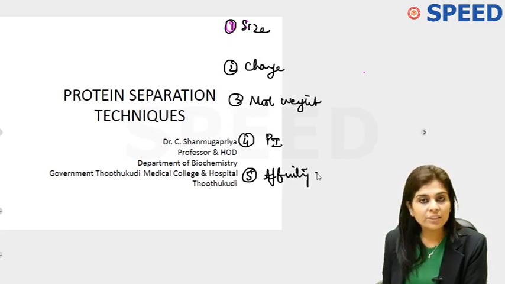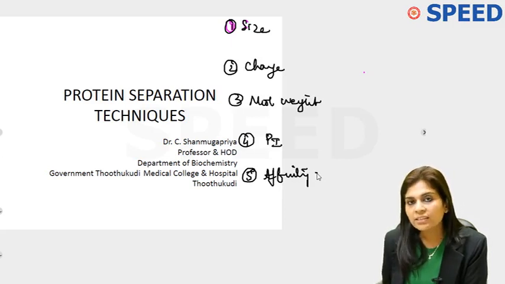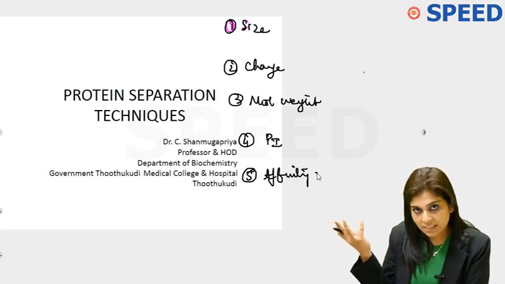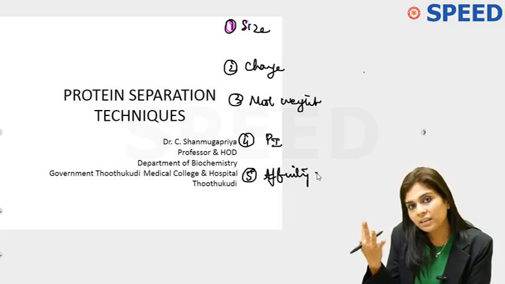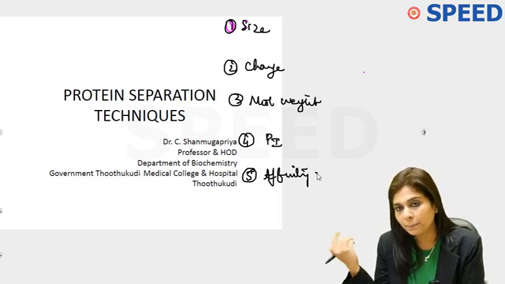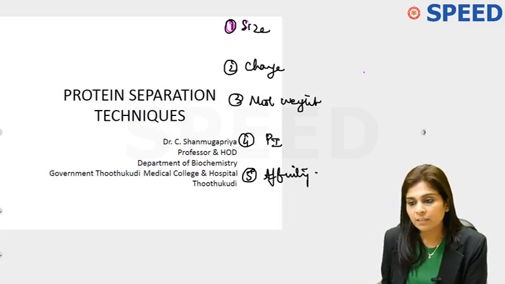So if you are trying to separate proteins, these are the properties which you can exploit. Now, which technique separates proteins based on size?